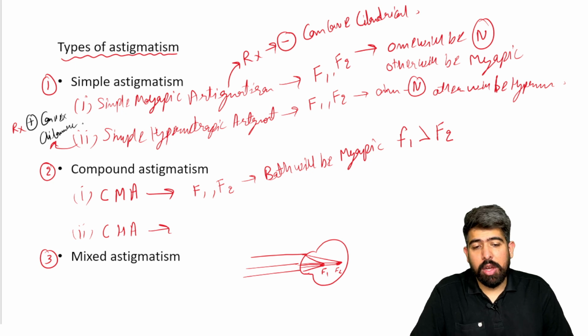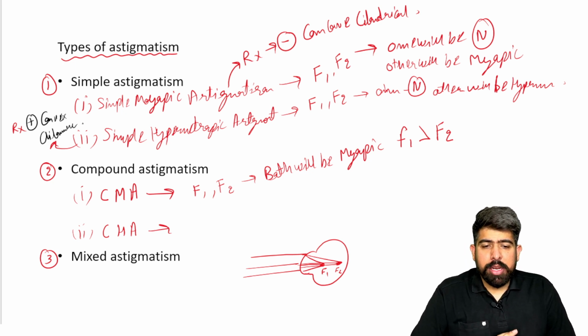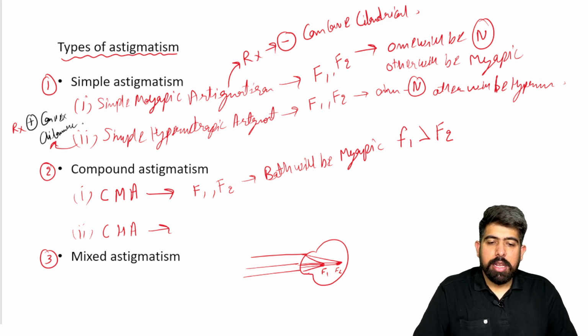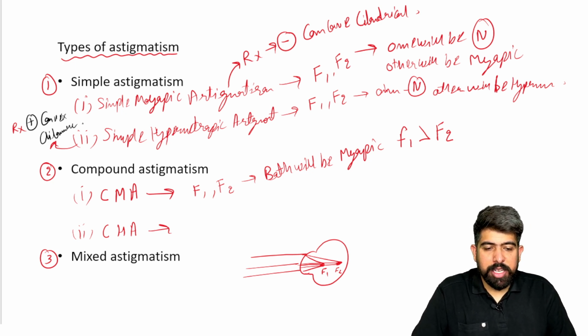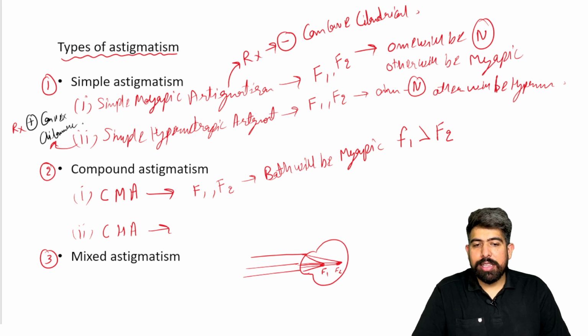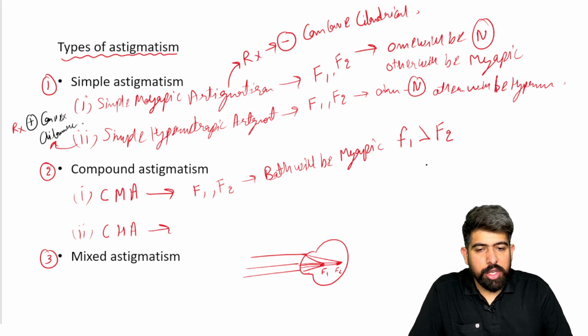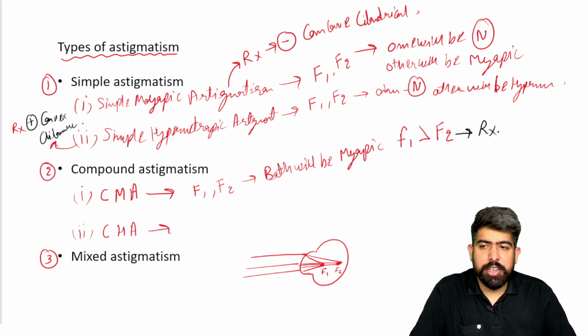Now, in this condition, the important thing is the treatment part of it. If I'm talking about the treatment, what will be the treatment? Can anyone tell me in the chat box? As both are myopic, in the treatment part we will use the minus lens, or you can say concave lens.